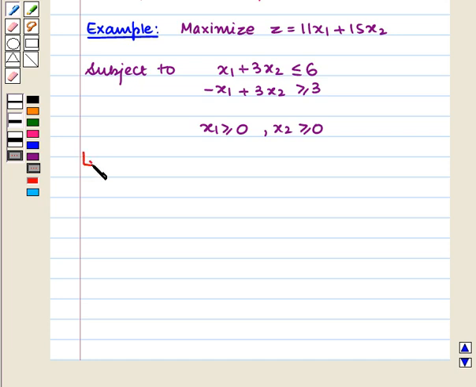This is a general linear programming problem having mixed constraints.